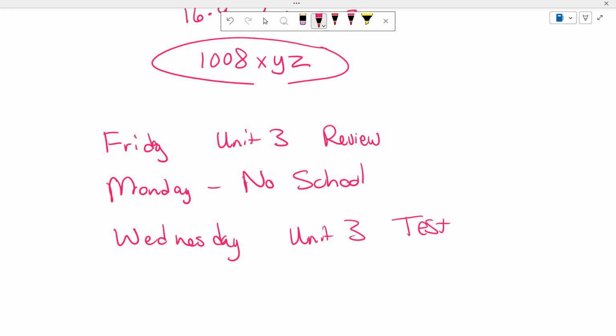If you have some bad scores on stuff, you can do corrections and get them up and then do well on your test. Your review and your test will look a lot alike. I'll try to make them the same except for different numbers, so you know what's on your test because I don't want any surprises. So, next Wednesday, we'll take the test.